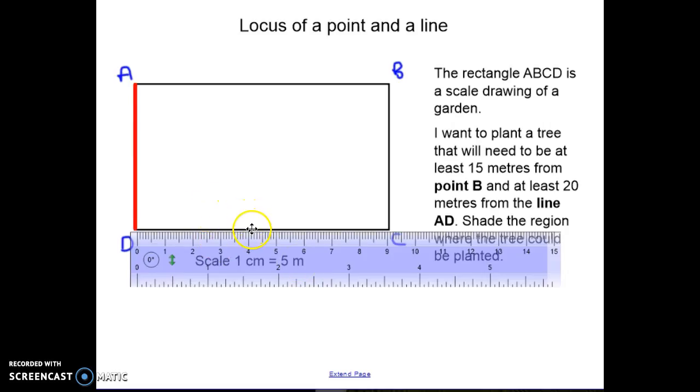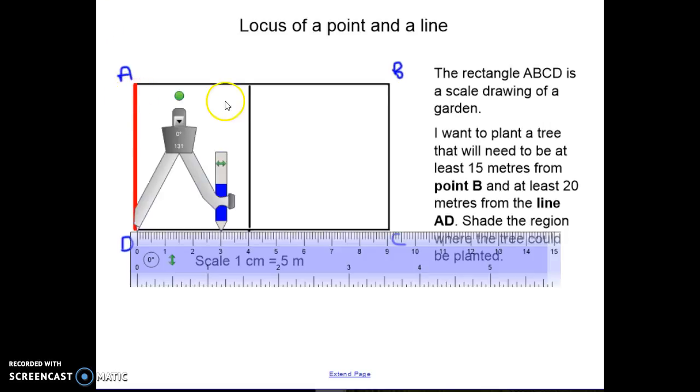So I've made a mark here, 4 centimetres in from AD, and I'm going to draw a line straight up here, and that will be the locus of this line. So I've drawn this line, so that represents the set of points 20 metres or 4 centimetres away from AD.